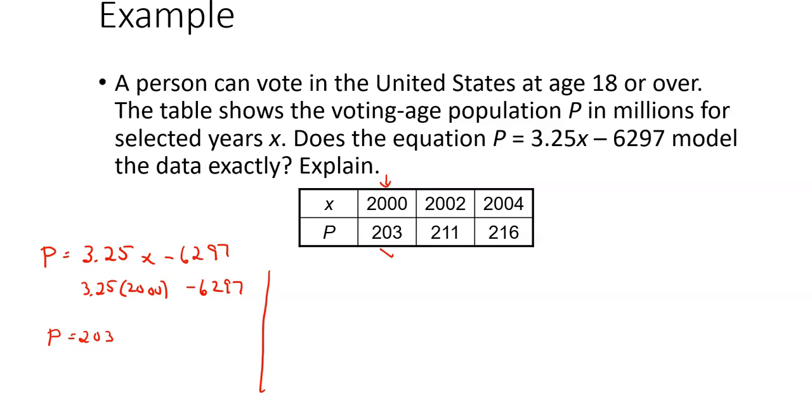Let's put in a 2002. So we'll get 3.25 times 2002 minus 6297. Okay, so 3.25 times 2002, and then subtract 6297. I get 209.5.